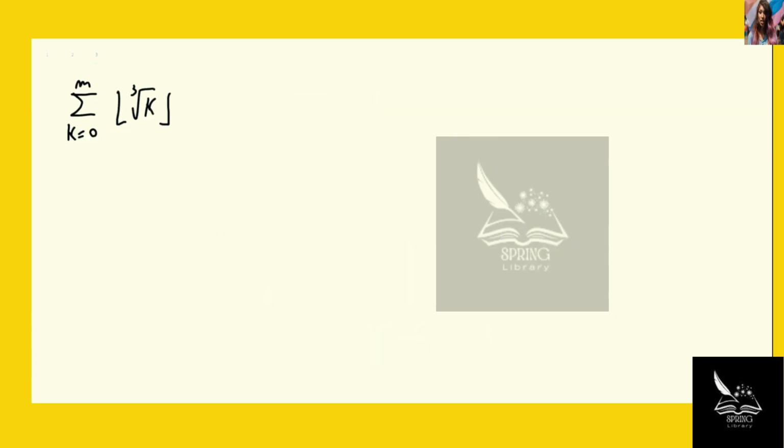Okay, now let's say we finally have the sum of the floor of the cubic root of k for k that goes from 0 to m. So when k is equal to m, we're going to have an integer number, the floor of the cubic root of m, which is the highest number we can obtain.